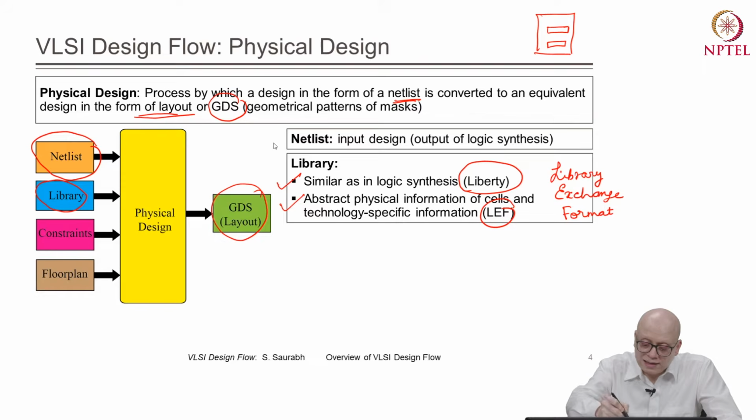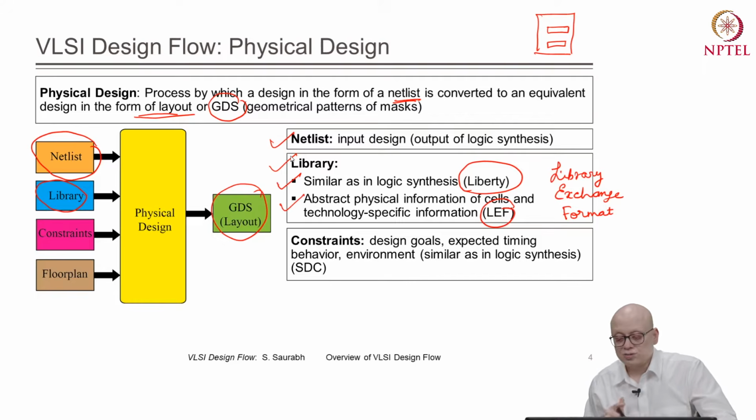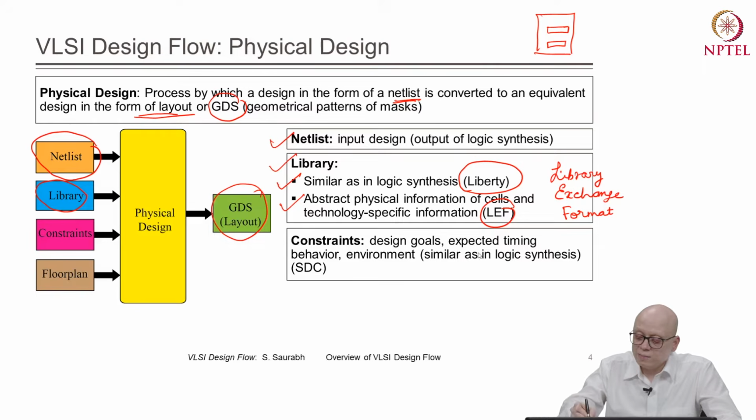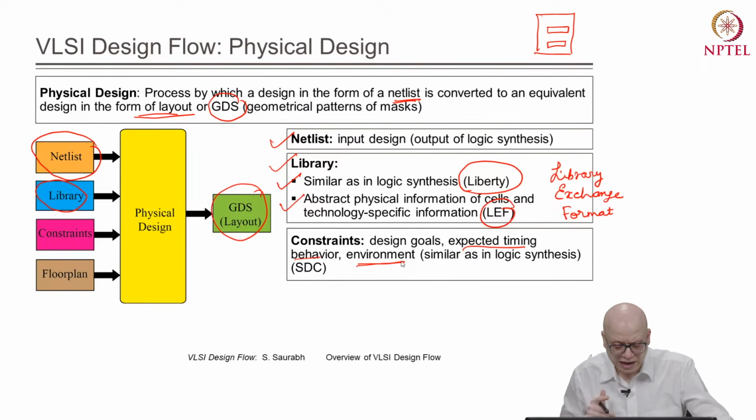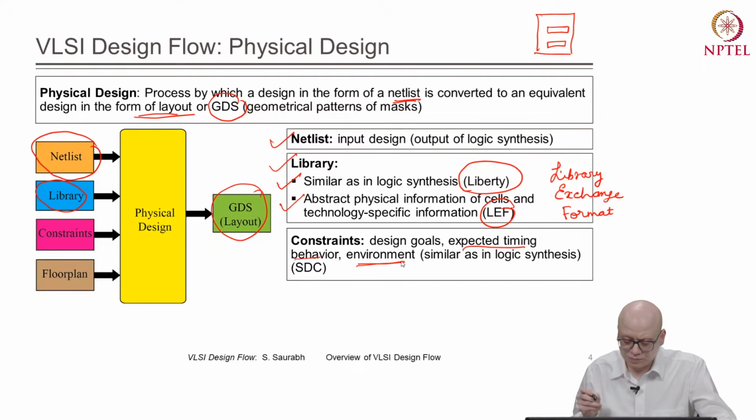So, besides the netlist and library, we also need to give the constraints. So, constraints define our design goals in terms of say expected timing behavior or the maximum operable frequency that we want for our design, the environment like how the signals are coming to our design and what is the expected behavior for the signals generated by a design, those are given in the constraints file, which are typically in the SDC format.